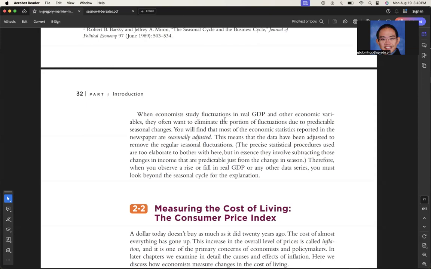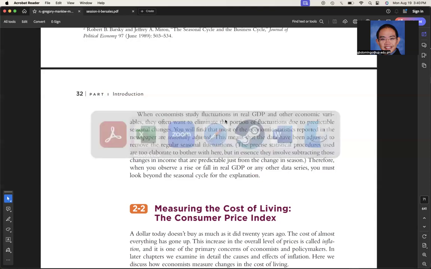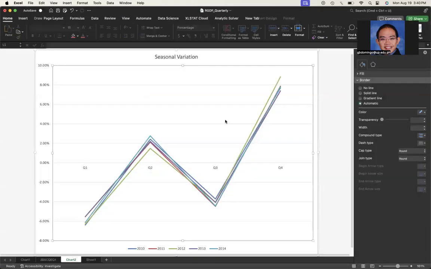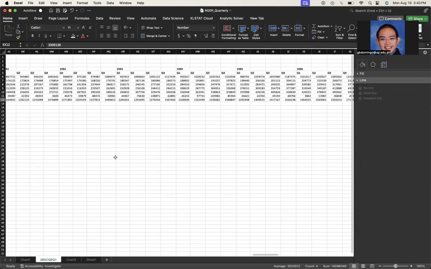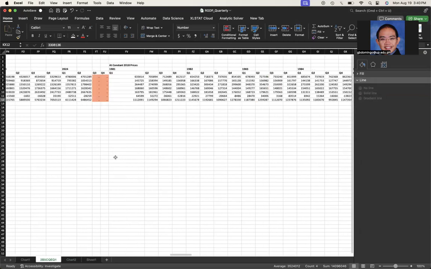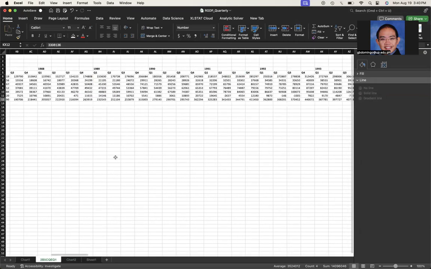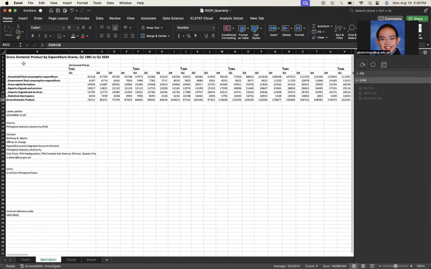Now I wanted to show you the Philippines quarterly data. This is something that you can also download. Before showing you this graph, I will go here first. This is a download again from OpenStat.